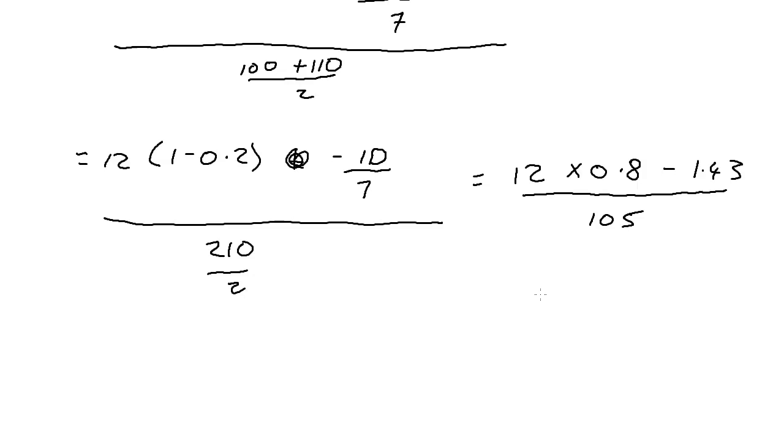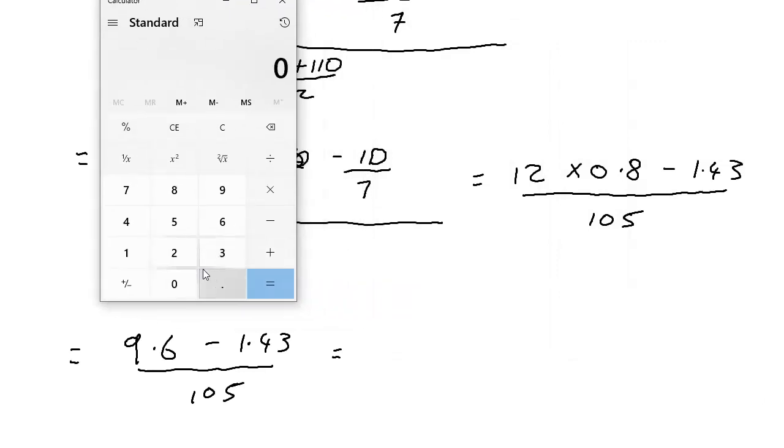So I'm proceeding with the sum. 12 into 0.8. Remember BODMAS, multiplication happens first. So 12 into 0.8 should give you 9.6. 9.6 minus 1.43 gives us 8.17 upon 105, which gives us 0.0778.